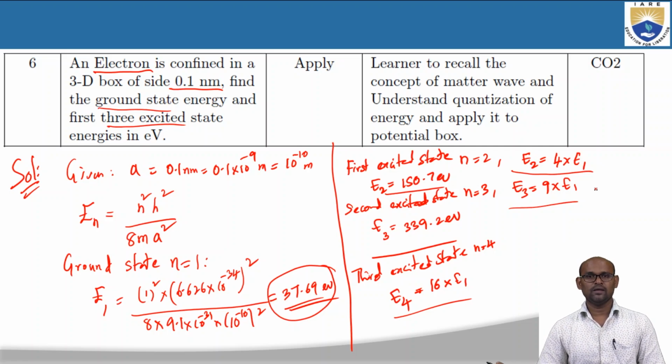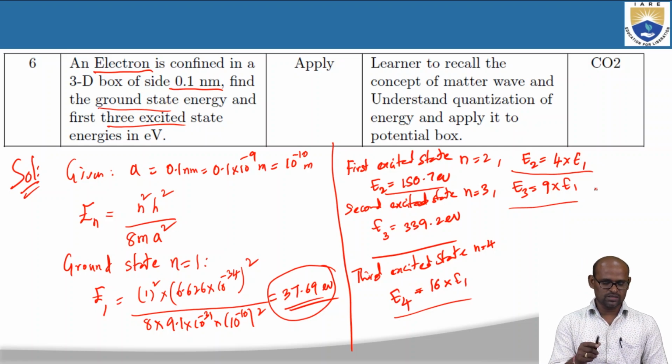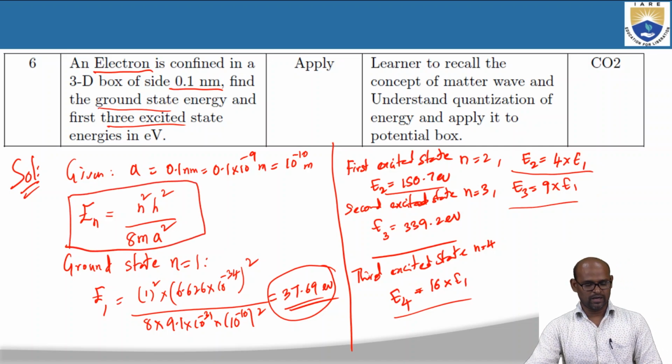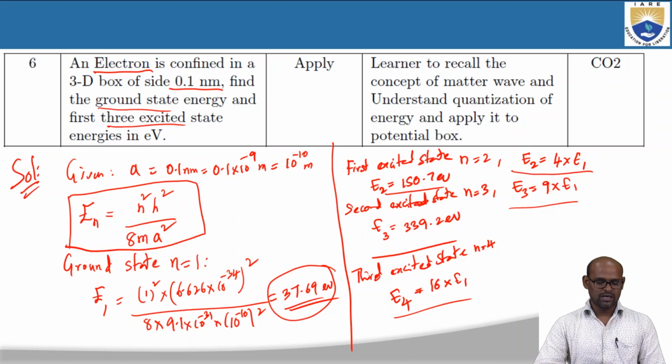So in this problem, we have used the equation for energies of a particle trapped in a box of side 0.1 nanometers, which is n square h square by 8 m a square. If we know this formula, we can substitute the value for the state you want to calculate, Planck's constant, the mass of the trapped particle and the length of the box. You can calculate different energies.